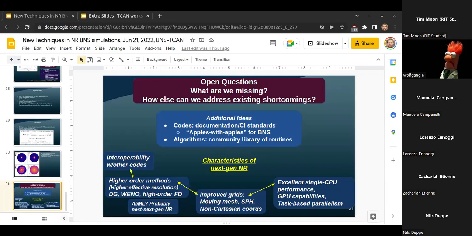So if we decide to start with something that people do anyway and agree on repeating some of these tests and comparing some of the results. I mean, people are doing it also for the Event Horizon Telescope paper. I think this community should get a little bit more encouragement.